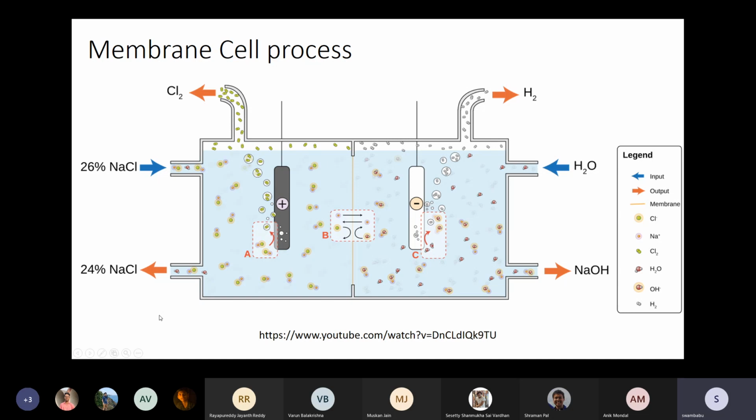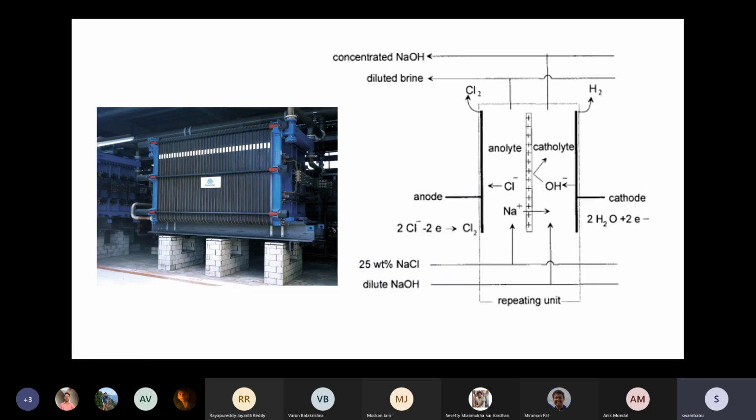The same thing is depicted in this picture, with what concentrations and what quantities we are getting. In an industrial scale membrane electrolysis process, this type of electrolytic cell will be used. Many electrolytic cells are stacked together.